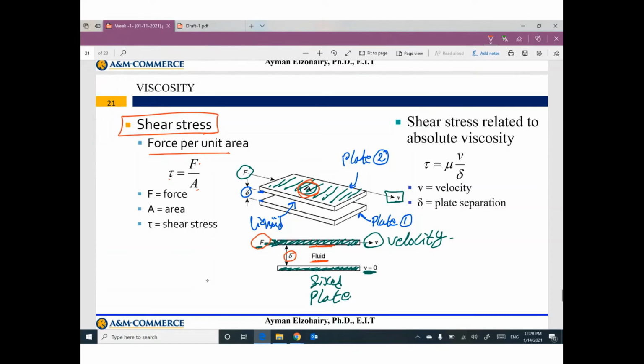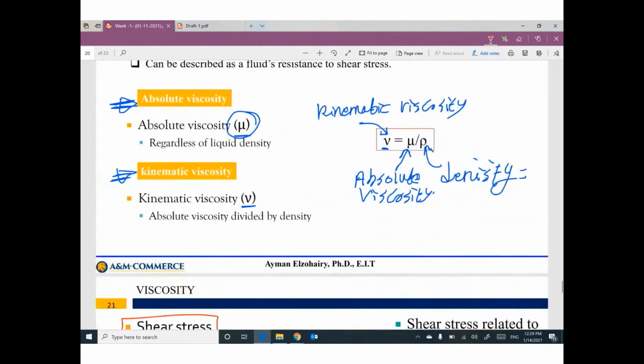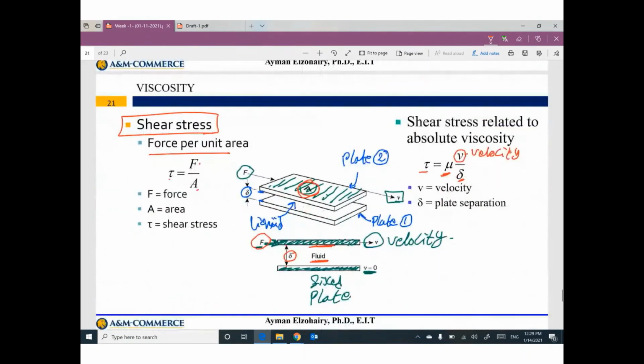This shear stress equals mu times V velocity divided by delta, which is the distance between the two plates. Mu is the absolute viscosity.